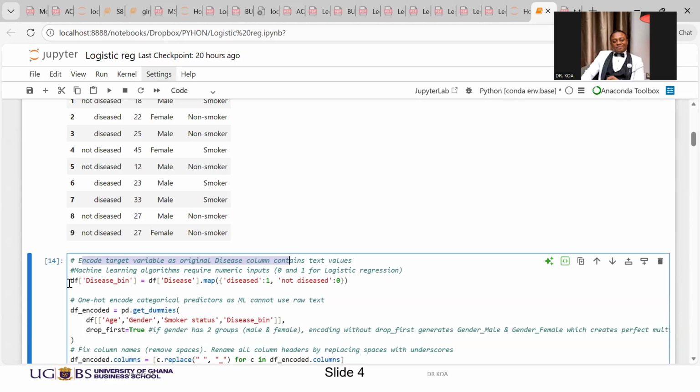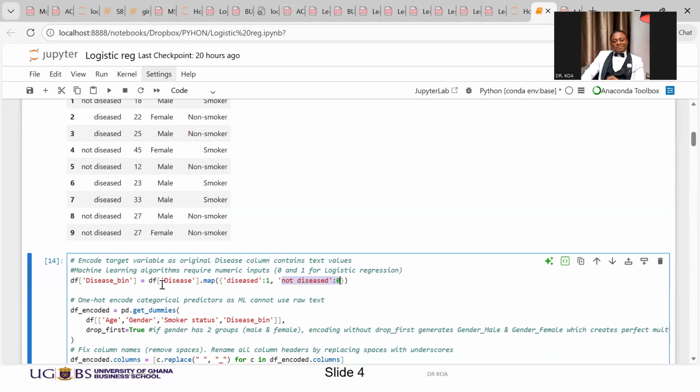From the df data set, that's the name I gave to the data set, I want you to code diseased as 1. If a person is diseased, give a code of 1, and if the person is not diseased, give a code of 0. When I run that and show the data again, you will see that it reflects those.